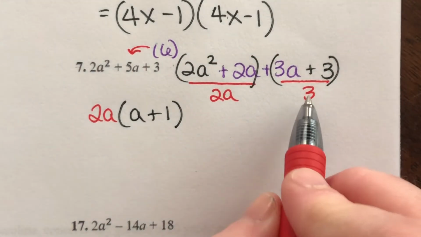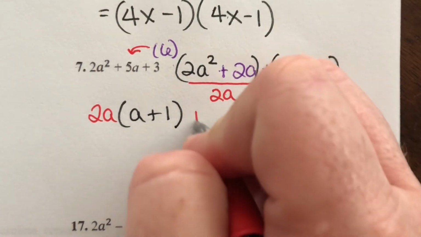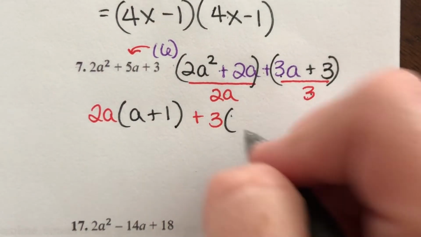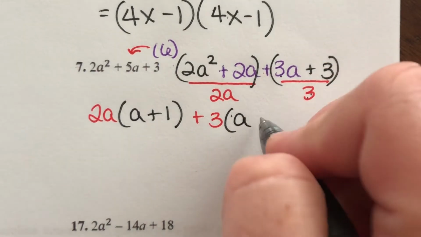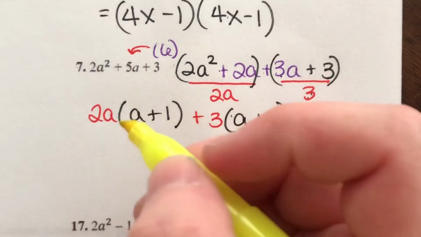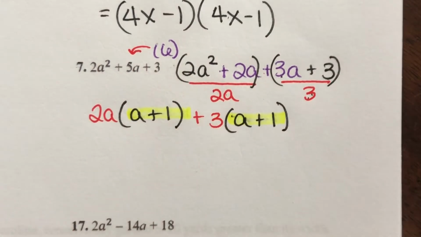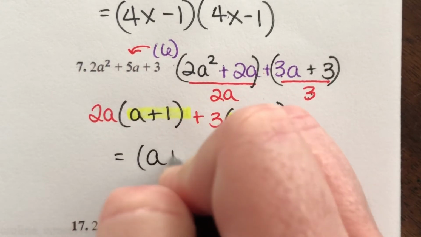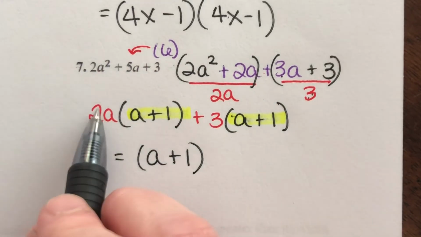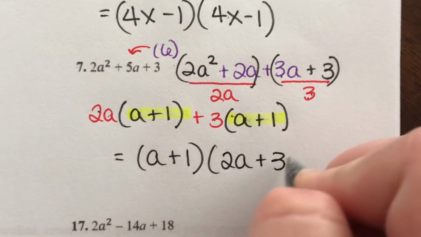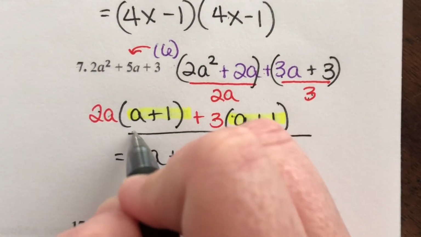And then here I've got a plus 3, and everything left over after I divide, 3a divided by 3 is a. 3 divided by 3 is 1. Okay, so you can see that my parentheses match. So now I'm going to rewrite them in front. A plus 1. And I'm going to pull these 2 terms over. 2a plus 3. And that's my answer. I'm done.